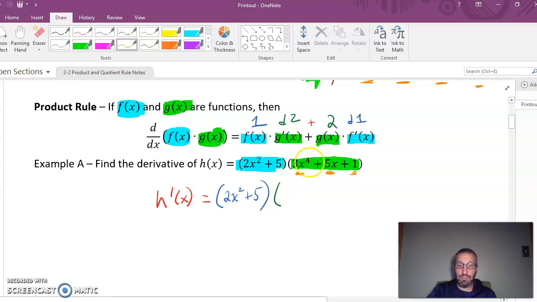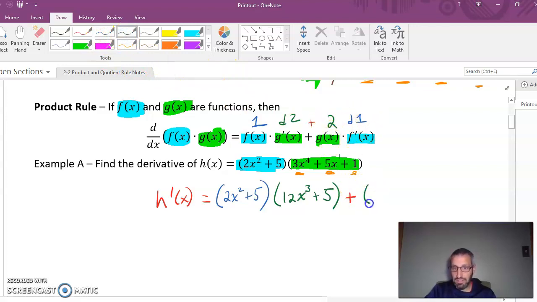The derivative of 3x to the fourth, 4 times 3 is 12, x to the 4 minus 1 is third power, plus the derivative of 5x to the first is just 5. And then the derivative of 1, any constant, is 0. So there's 1 d2.